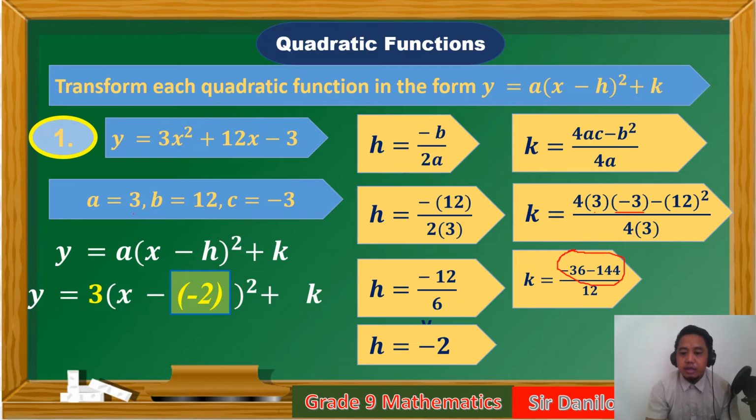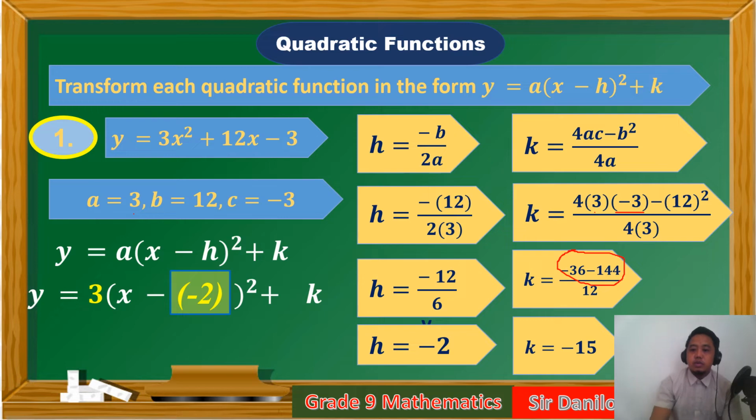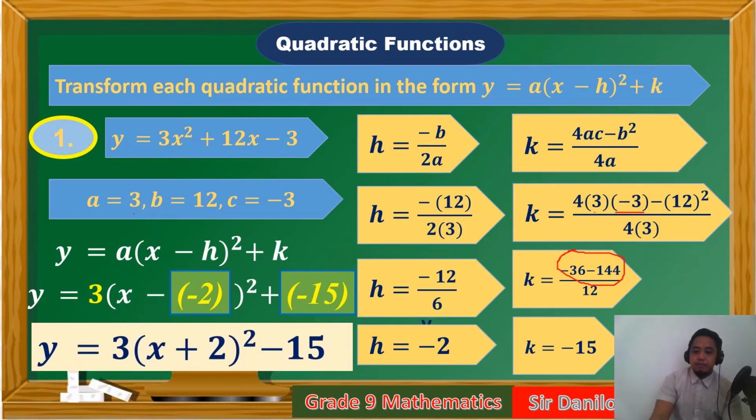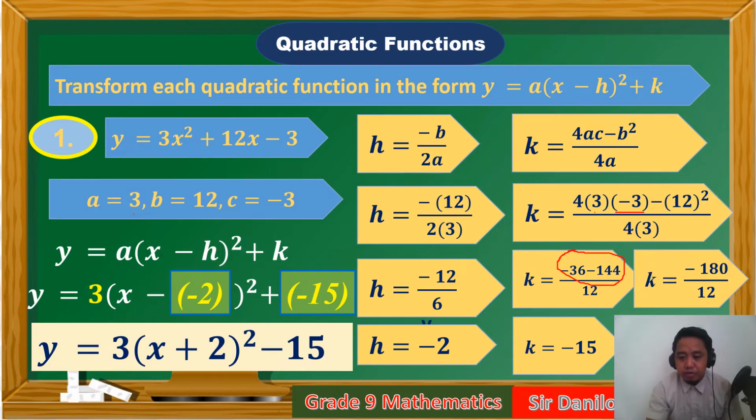And that is equal to negative 15. Why? Because ito na yun, no? Lagay natin doon. So, negative 15. Okay? Kasi we have negative 36 minus 144. That's negative 180.